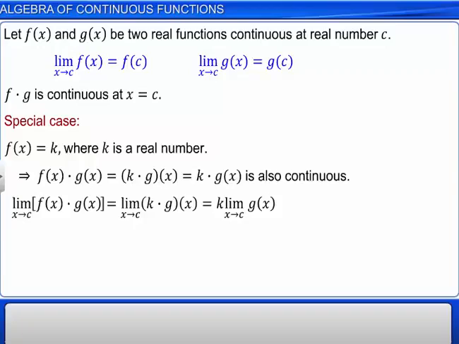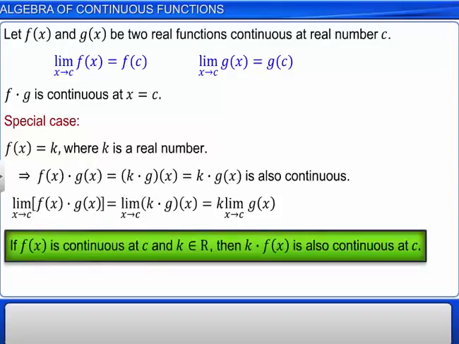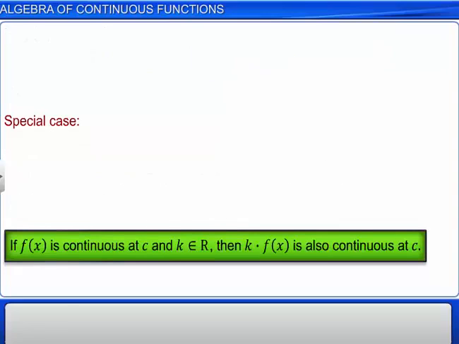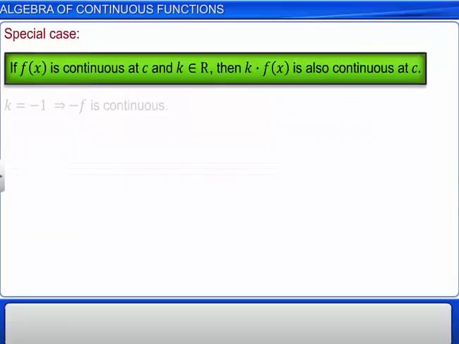The product of a real valued constant and a continuous function at some real number is also continuous. If k is equal to minus 1, then minus f is also continuous. This implies that the negative of any continuous function is also continuous.